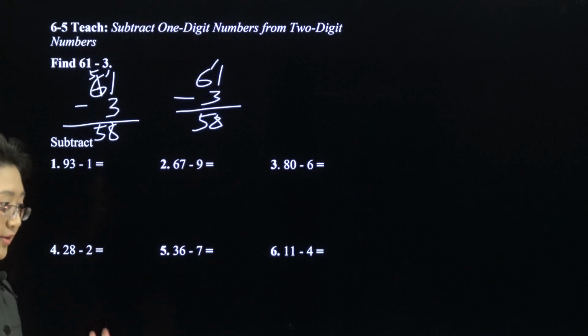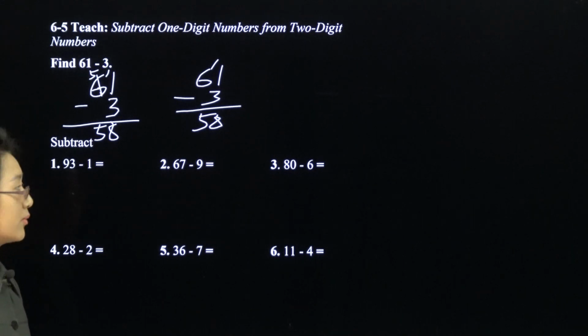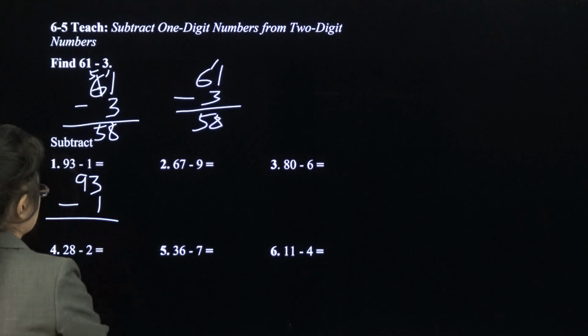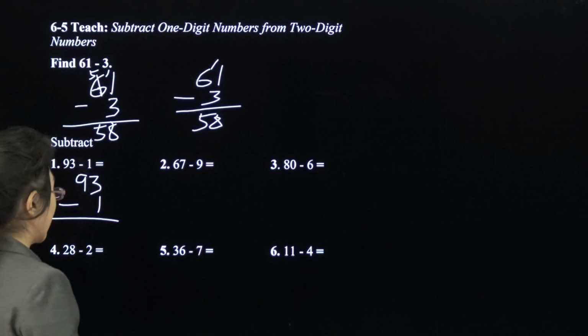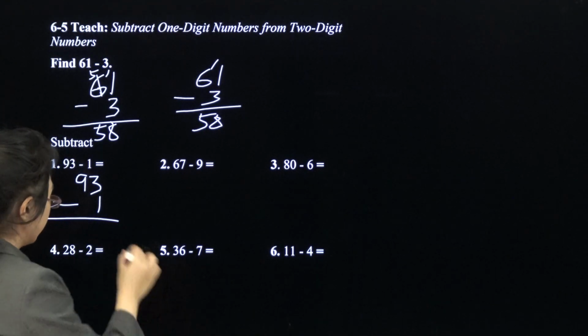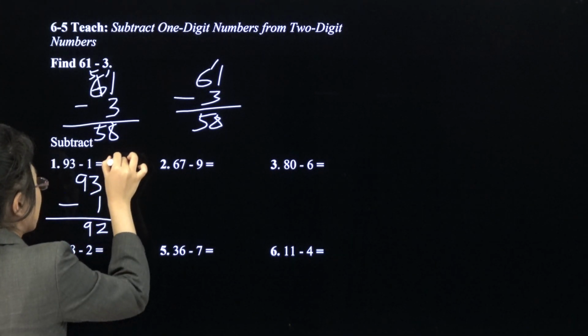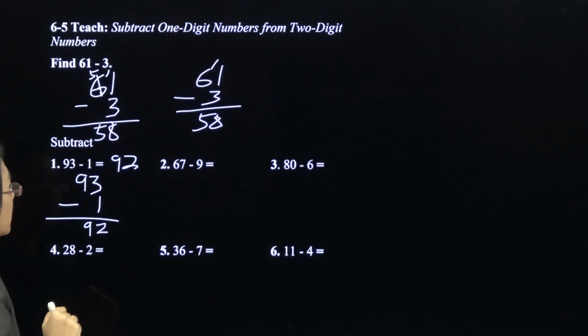But if you can't, then go ahead and cross it out. Now subtract 93 minus 1. You take away 1 from 93. 3 minus 1, 2. 9 minus nothingness, 9. That's 92. All right.